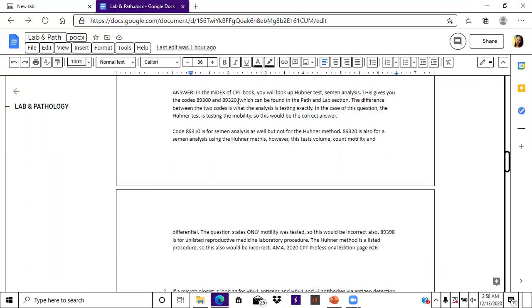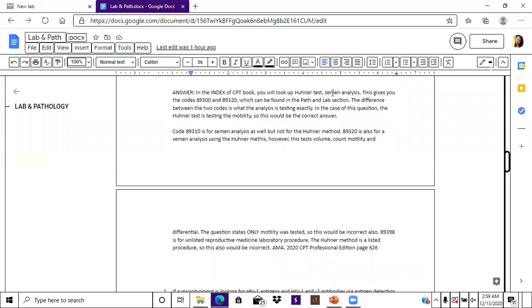So it gives you two codes, and that's a lot with CPT codes. They are very detailed and you have to pay attention. It can be one word that changes the whole description of the procedure. So make sure you pay attention with your CPT codes, and the CPC exam is mainly CPT codes.